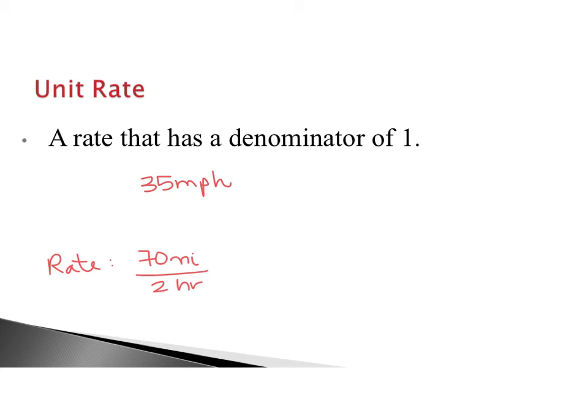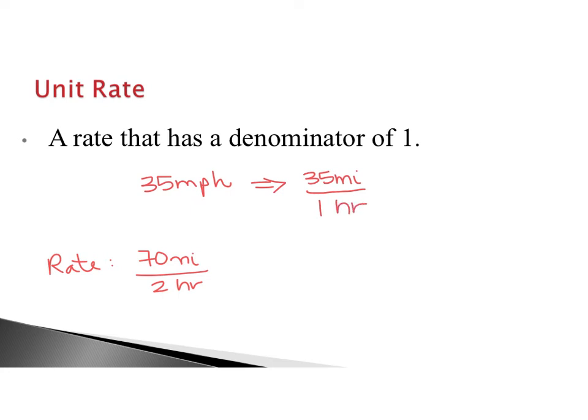Notice that when I look at 35 miles per hour, I could really rewrite this as 35 miles over 1 hour. The fraction bar usually means per in a verbal context. And then I could say 35 miles per 1 hour.